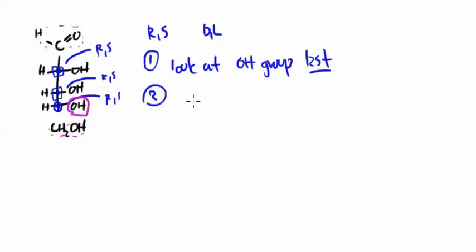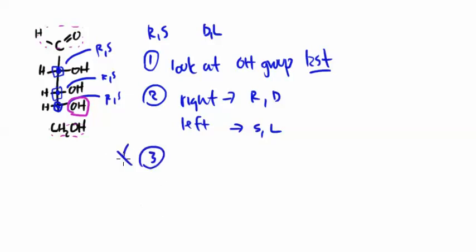Number two, if it's on the right-hand side, then this gives you the R or the D version, and if it's on the left-hand side, it gives you the S or the L version. So that is the way that we determine these carbohydrates that maybe have more complicated structures, as far as these examples are concerned. Now, number three, we have to put a big star here.